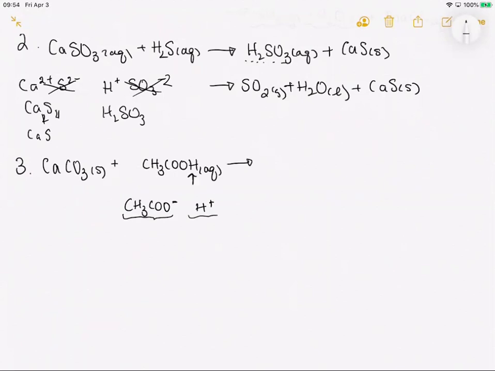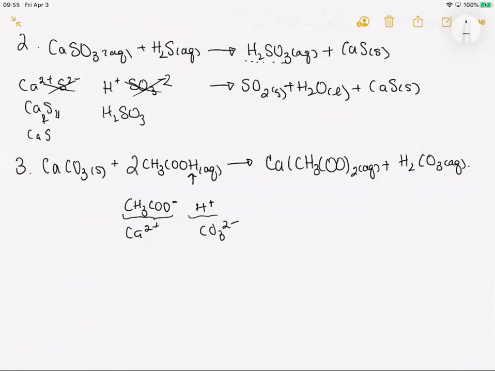When it crisscrosses, we're going to have calcium pairing up with the acetate ion, and carbonate pairing up with the hydrogen ion. So we're going to have calcium carbonate, and I need 2 of these, and this is going to be aqueous, plus carbonic acid. So I need 2 of those there. We have over here carbonic acid being formed, and it breaks down.